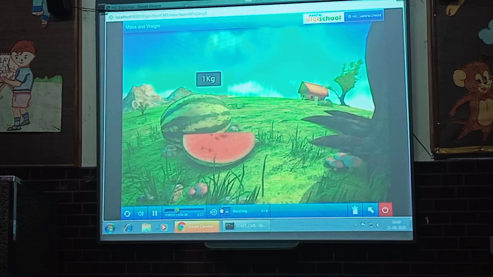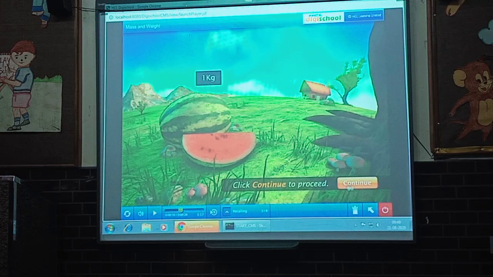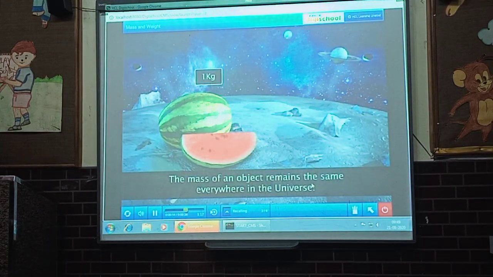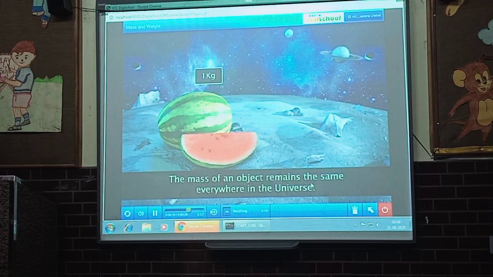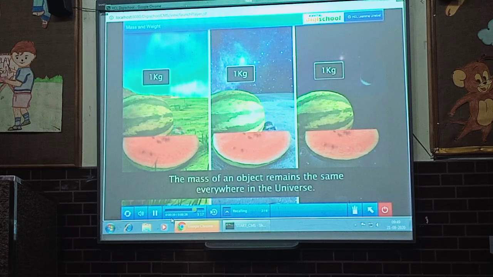What do we already know about mass? From the previous lesson, we know that mass is the measure of inertia. It remains the same in different environments and locations.